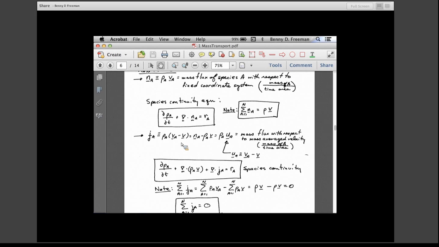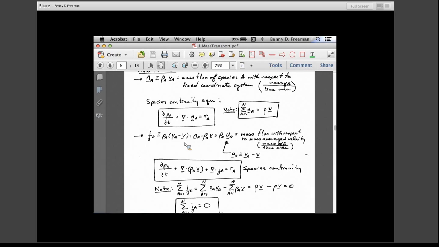So if you imagine, for example, water flowing through a pipe and you inject dye into that water, the dye is going to move down the pipe due to the flow of the water, just the bulk convective flow of the water. That would be represented by V in this equation. However, the dye can also diffuse if it's in water.